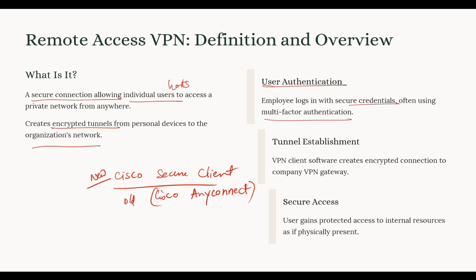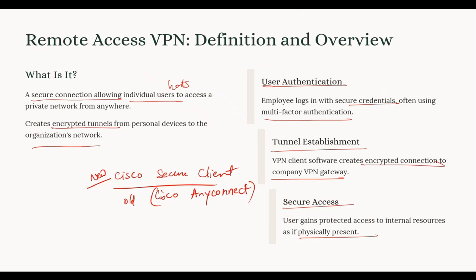So that is how authentication is provided. There is tunnel establishment: VPN client software creates an encrypted connection to the company VPN gateway for secure access. So the user gains protected access to the internal resources as if physically present. So these are the various benefits of using remote access VPN.